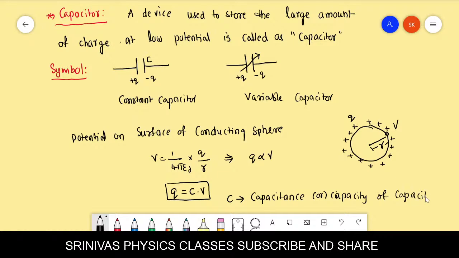Capacitor means device. Capacitance means property. For example, a bucket is a device, and bucket capacity means how many liters it can store. Similarly, the capacitor has the capacity to store charge. For example, in bikes we generally use lights.